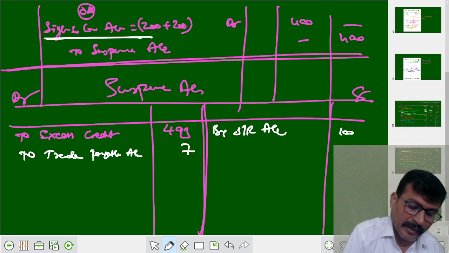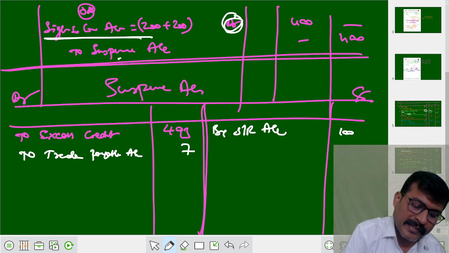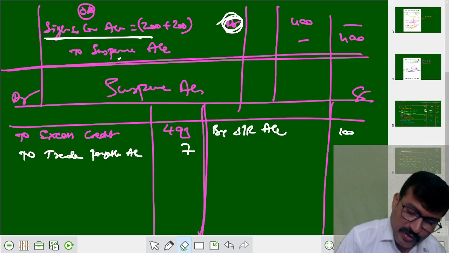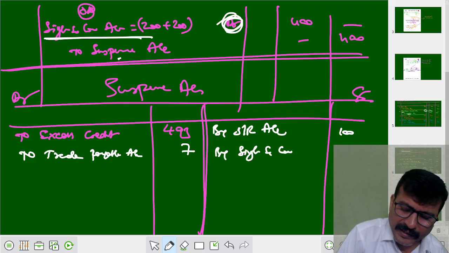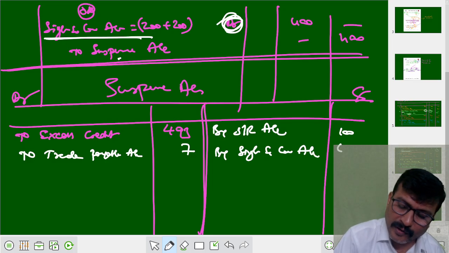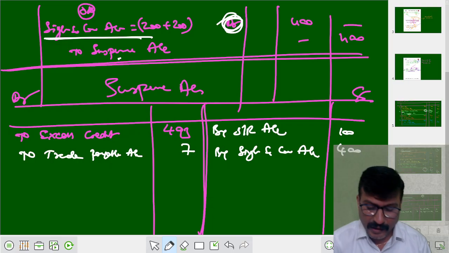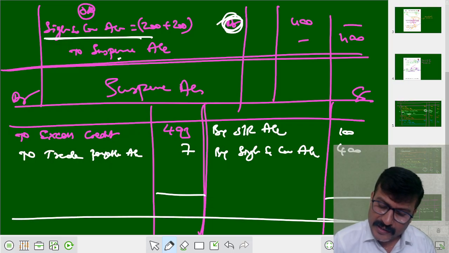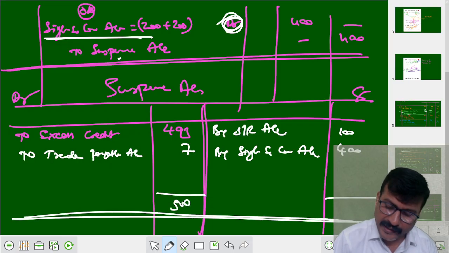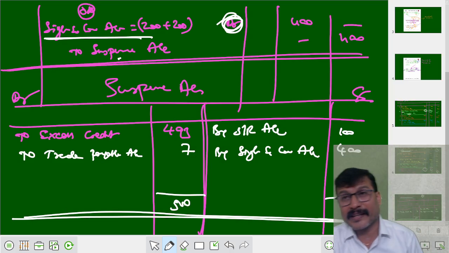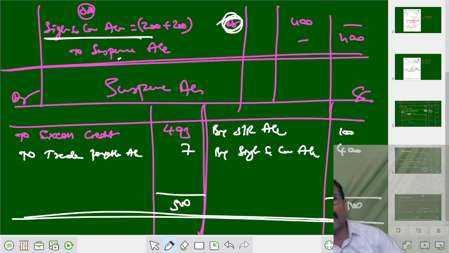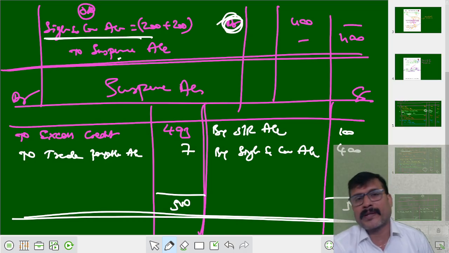Single company account debit to suspense. Single company is in the debit of journal, so it goes to the credit side, that is by single company account. How much amount we have to write? 400. Now you close your suspense account. See whether your suspense account agrees or not. Yes, it agrees, right?